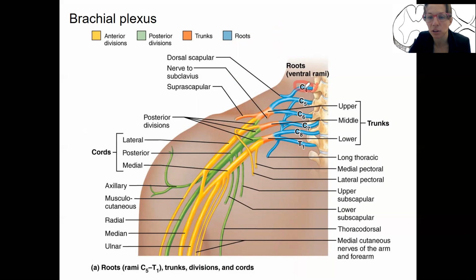So here is C4. What is that? That is the spinal nerve that comes from the vertebrae, the C4 vertebra. C5, C6, C7, C8, T1. How many spinal nerves do we have? 31 pairs. This is showing that these 6 spinal nerves are going to intermingle to form the nerve plexuses.